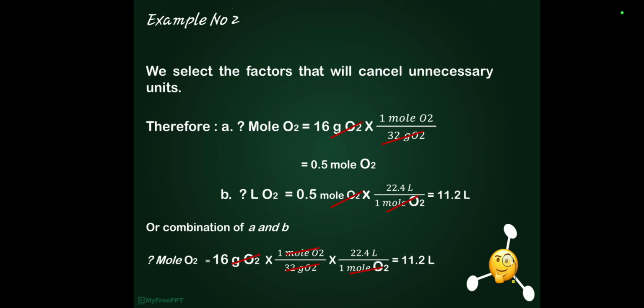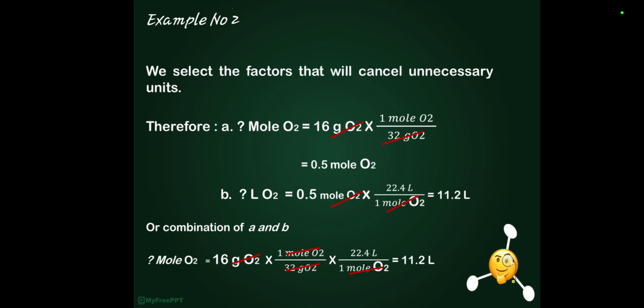Then again, it is literally the same process. 0.5 times 22.4 is equal to 11.2, divided by 1, is equal to 11.2 liters. So that would be the answer.